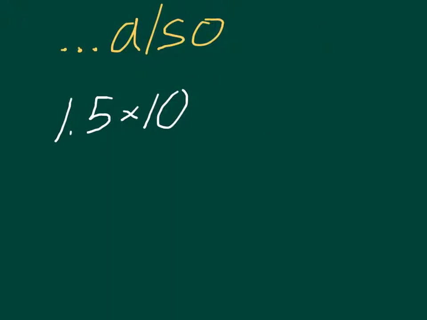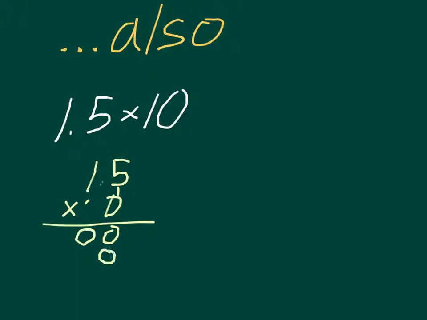Here's something else that you should remember. When we multiply by 10 or any other power of 10, we can just move the decimal. So for example, 1.5 times 10, if I did that out the long way, I'd get 0 times 5 is 0, 0 times 1 is 0, can't forget my placeholder.